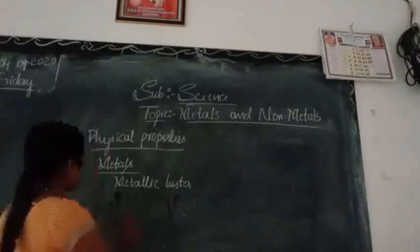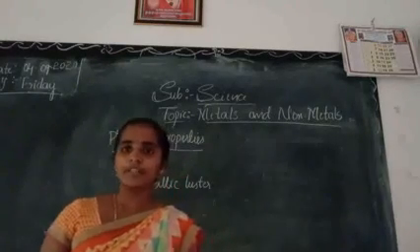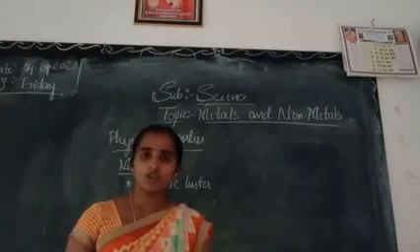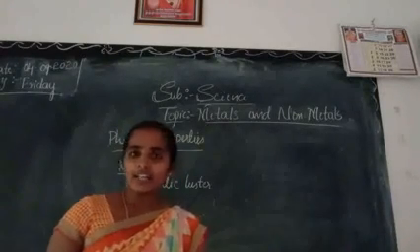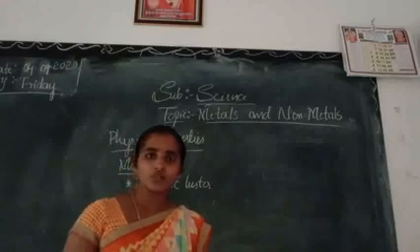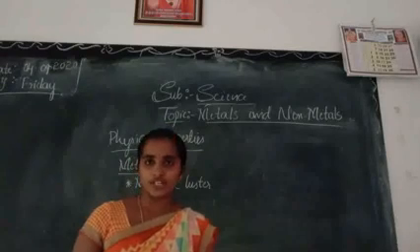And the next property: take a few samples of copper, iron, silver or aluminium, cut into these metals using a sharp knife and note your observation.